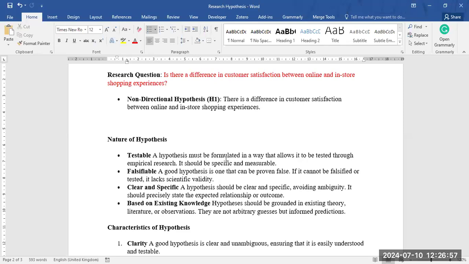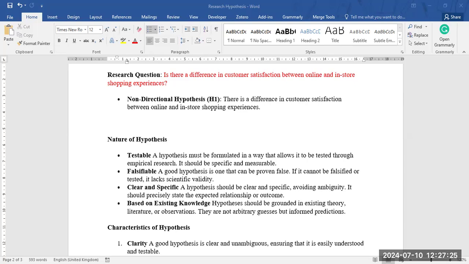A hypothesis must be formulated in a way that allows it to be tested through empirical results. It should be specific and measurable. Say, for example, a company wants to test whether email marketing leads to higher sales compared to social media marketing.